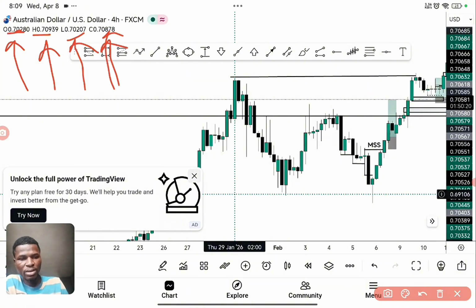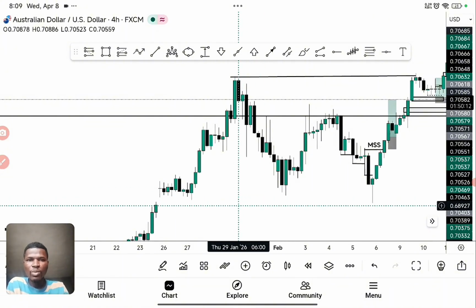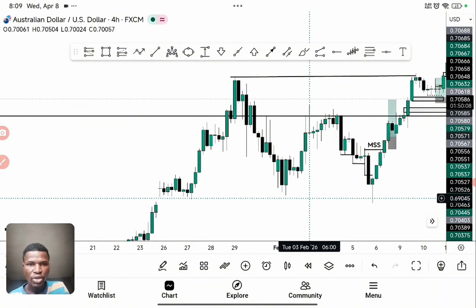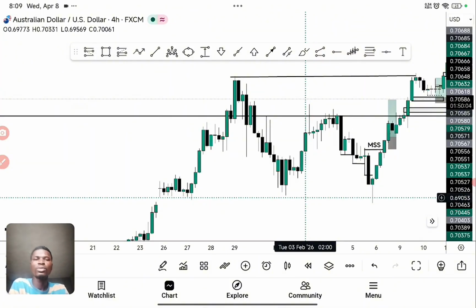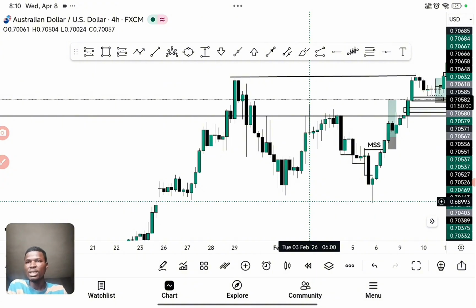Can you see it? Let's move to another candle. You can see this is a shooting star. This is an indecision candle. It is called Gravestone. I will explain it further later.